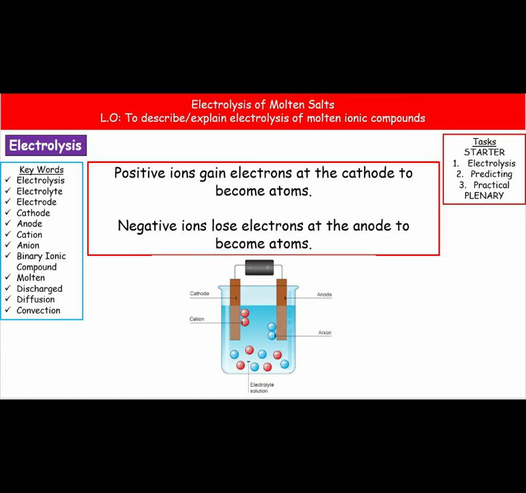So when we're discharging them at the electrodes, they're either gaining or losing electrons. So make sure you remember positive ions need to gain an electron to make them neutral, whereas the negative ions need to lose an electron to make them neutral.